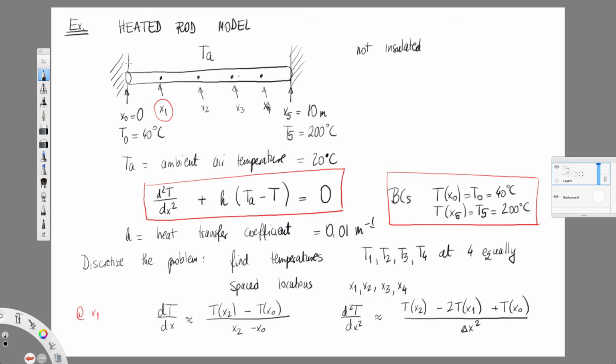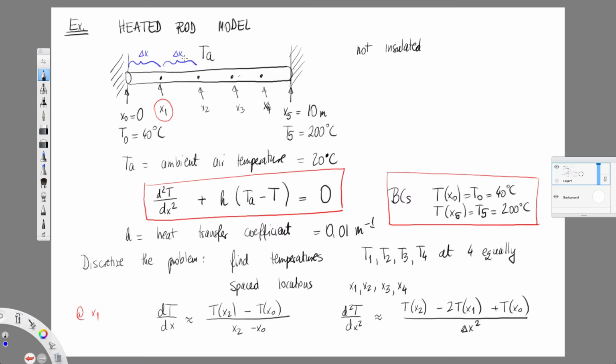And delta x squared is this spacing here. So this is a general, what's actually called a finite difference formula, that expresses an approximation to a derivative based on the values of the nearby points.